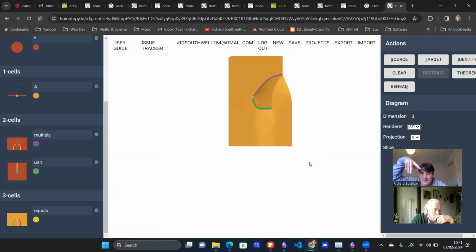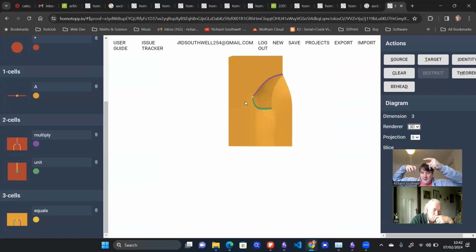Then you're starting with that thing that we started with, where you've got your unit and then you're multiplying. That's like the front sheet of this. That's this stuff over here. And then at the back, we just have the identity of A. And then the sheet itself, or the 3D block, is saying that the front part equals the back part.